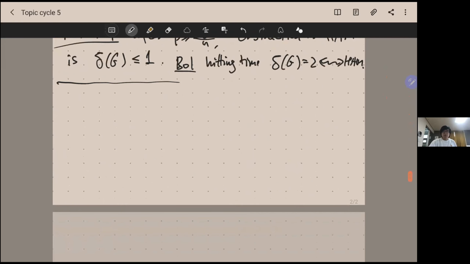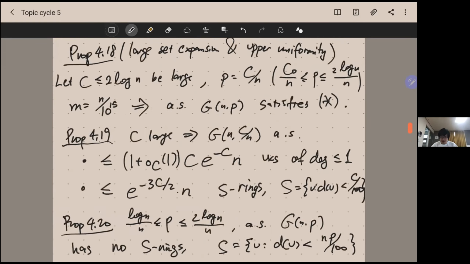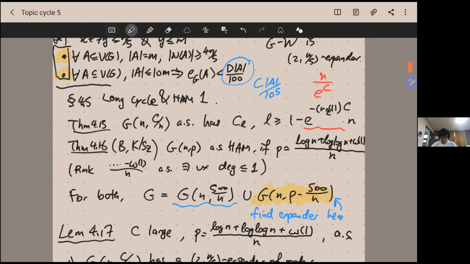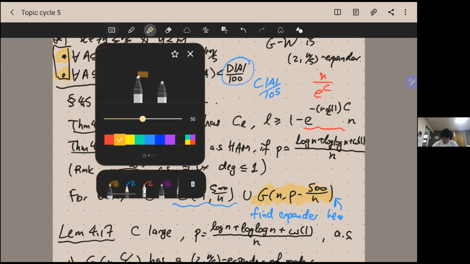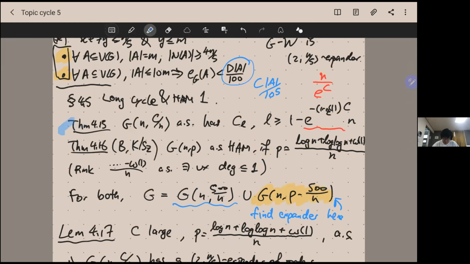Right. Now I want to talk about the last technique, by Lee and Sudakov, using a conditional argument. How can we possibly improve these two theorems further? We want to improve these two further.